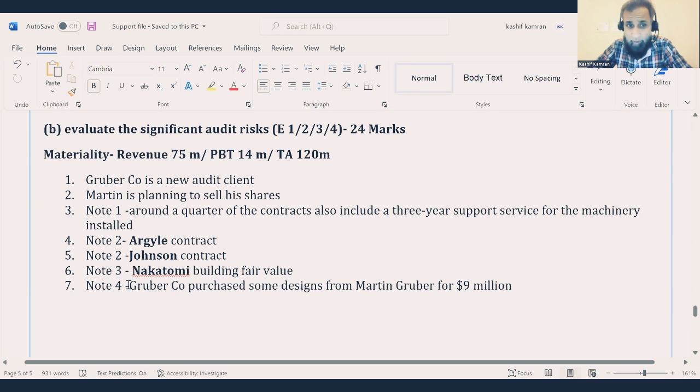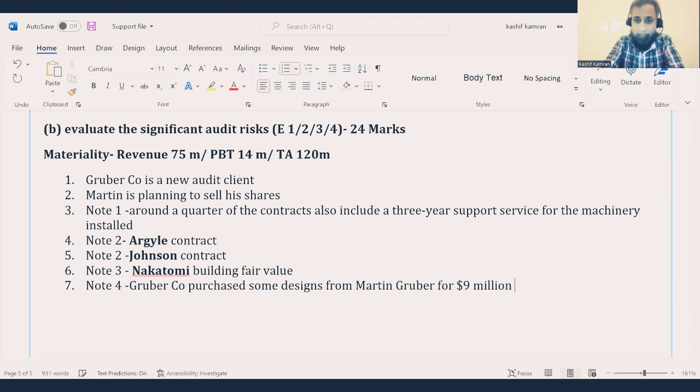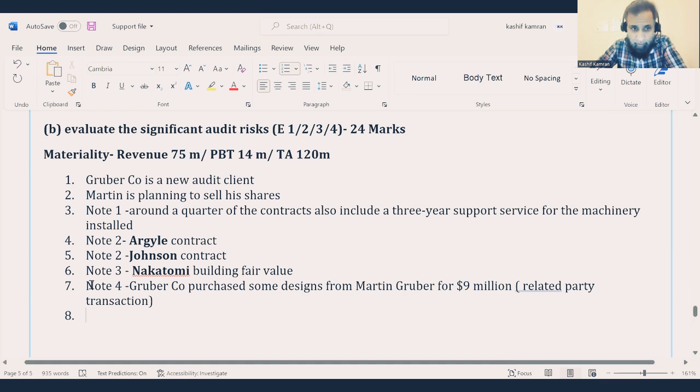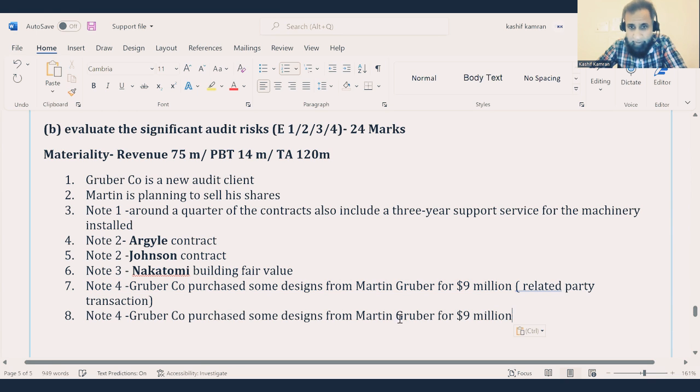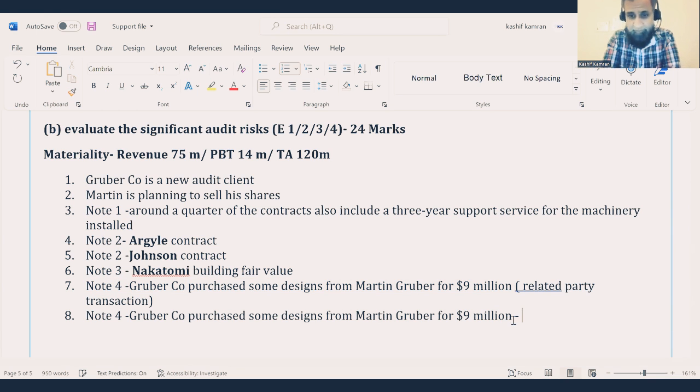In note number 4, Grubber purchased some designs from Martin Grubber. So first of all, there is a related party transaction, right? That's number 1. But number 2, there is also another issue with note number 4. If Grubber purchased some designs from Martin Grubber at $9 million, there is another risk.